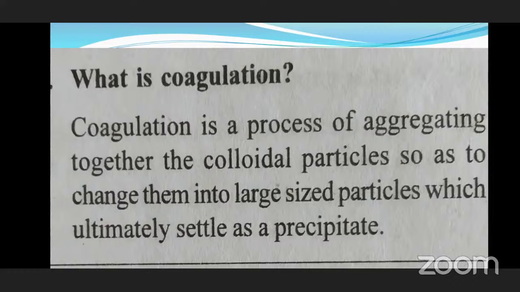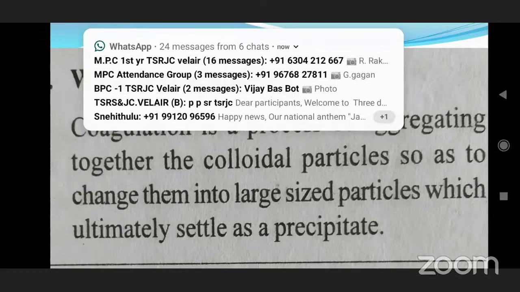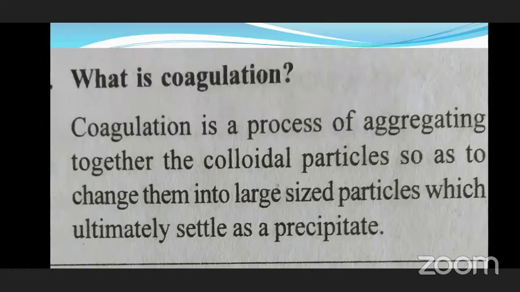That means simply we have to conclude in one point: the conversion of colloidal particles into precipitation. Okay, did you observe, my dear students? The conversion of colloidal particles into precipitation is called coagulation. Very simple. Conversion of colloidal particles into precipitation.